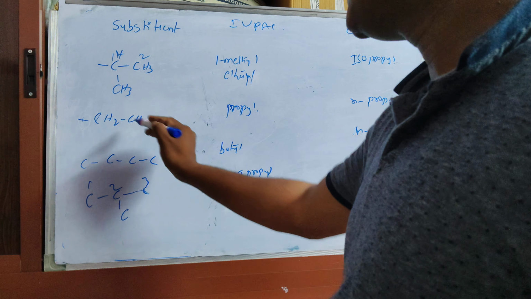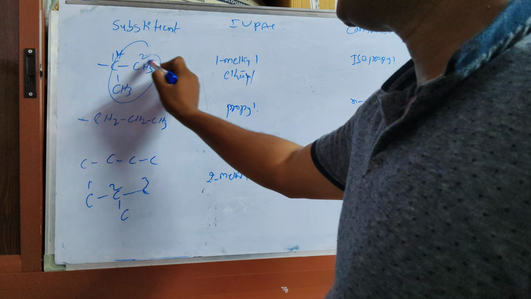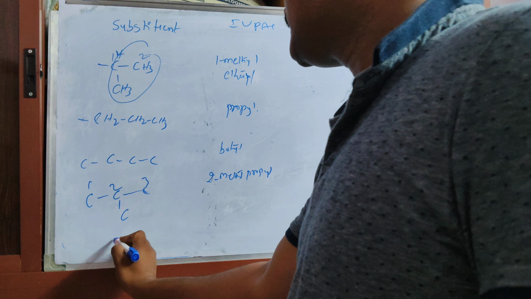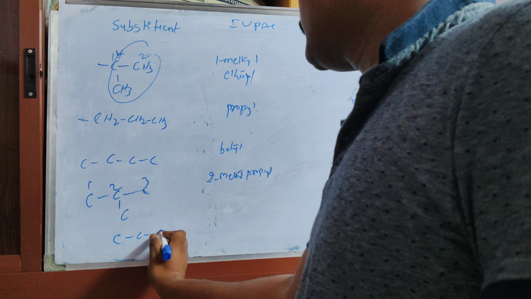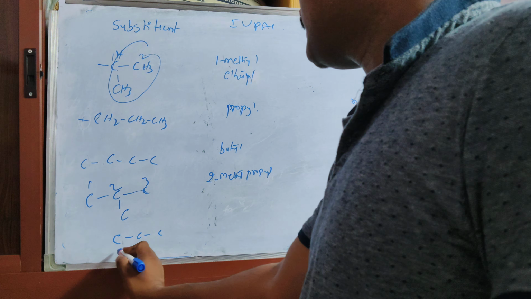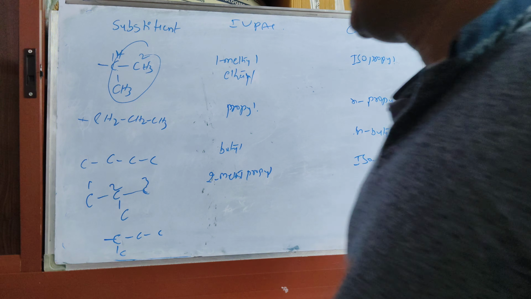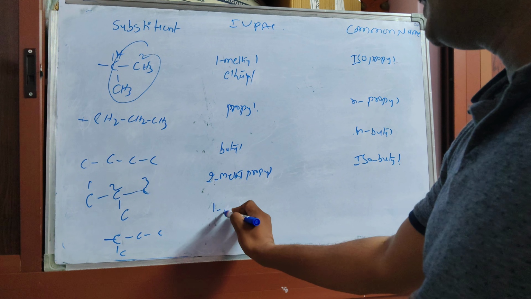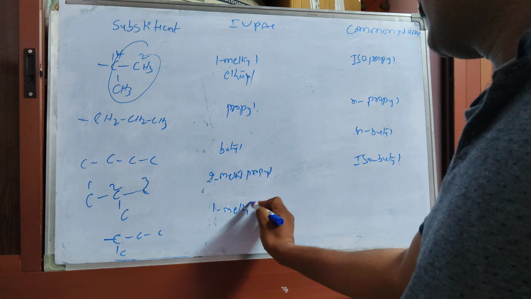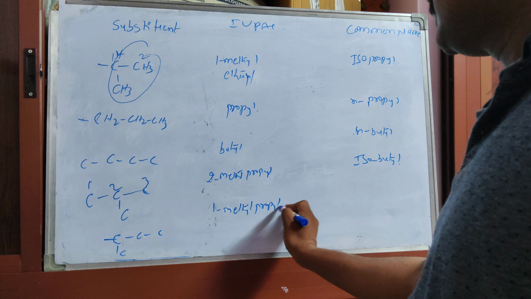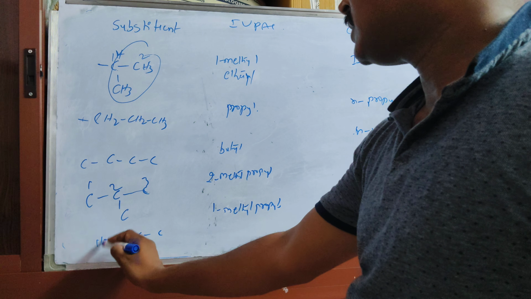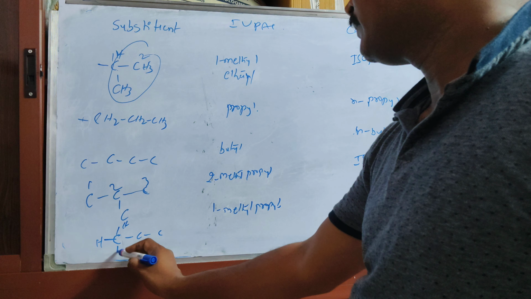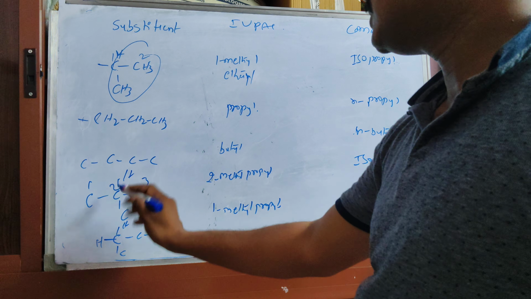This carbon is attached by 2 carbons. If this carbon is not attached here but attached there, what is this? Here it is 2-methyl propyl; this is 1-methyl propyl. This carbon has a hydrogen, and only this carbon is attached.